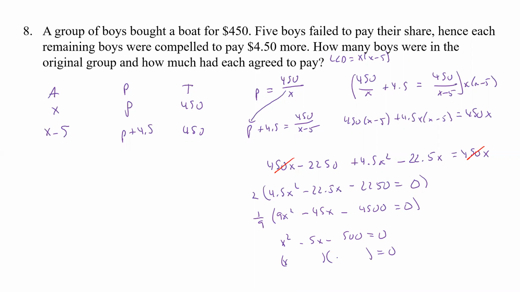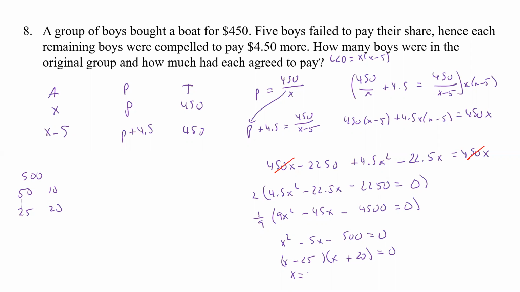So now I need x and x. And so if I take 500 and do 50 and 10, that difference is 40. So if I divide by 2, I get 25. Multiply by 2, I get 20. That will work. It's going to be minus 25 plus 20.